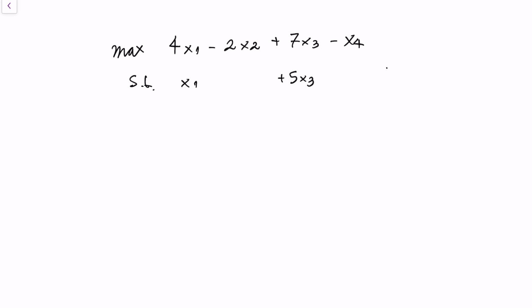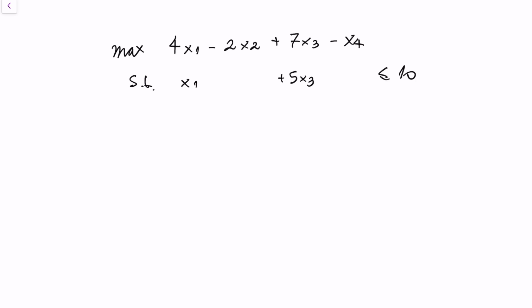So for this example, we're going to work with that problem that I introduced last class. This is a maximization of 4x1 minus 2x2 plus 7x3 minus x4, and we are subject to 4 constraints. First one says that x1 plus 5x3 should be less than or equal to 10.